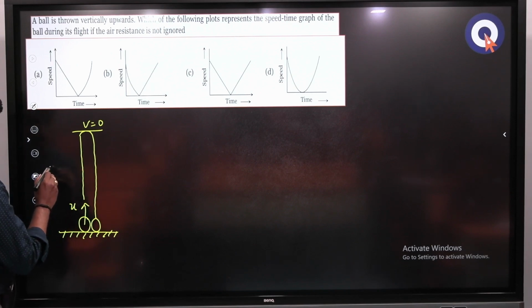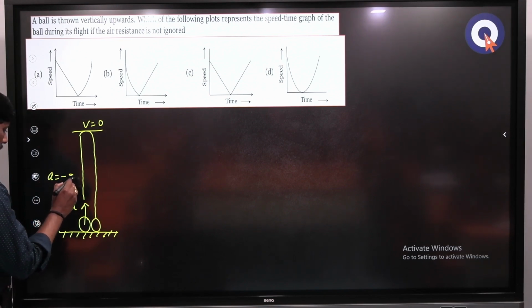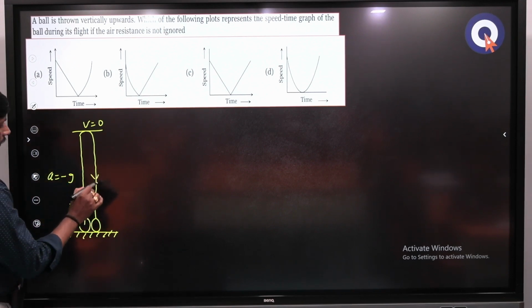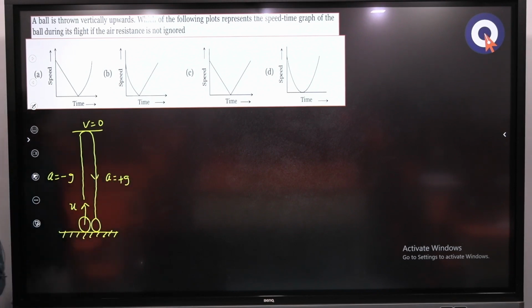While going upwards, the acceleration g is taken negative. While going up, a is equal to minus g. While coming down, a is equal to plus g, we consider. That is in the absence of air resistance.